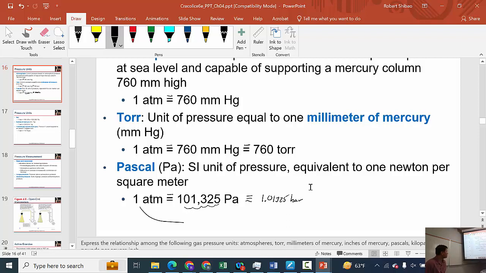And so what we get is 1 atmosphere and 1 bar are about the same. So if we say that normal atmospheric pressure is 1 atmosphere, that's about 1 bar. It's about off by 1%. So roughly the same.